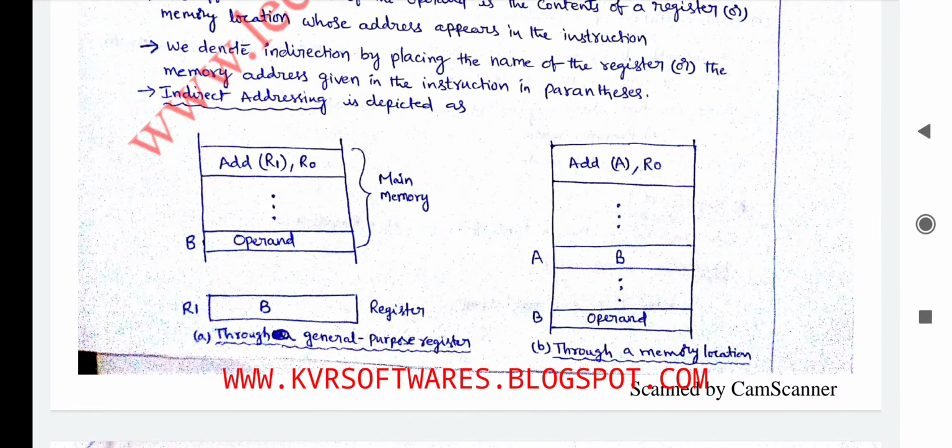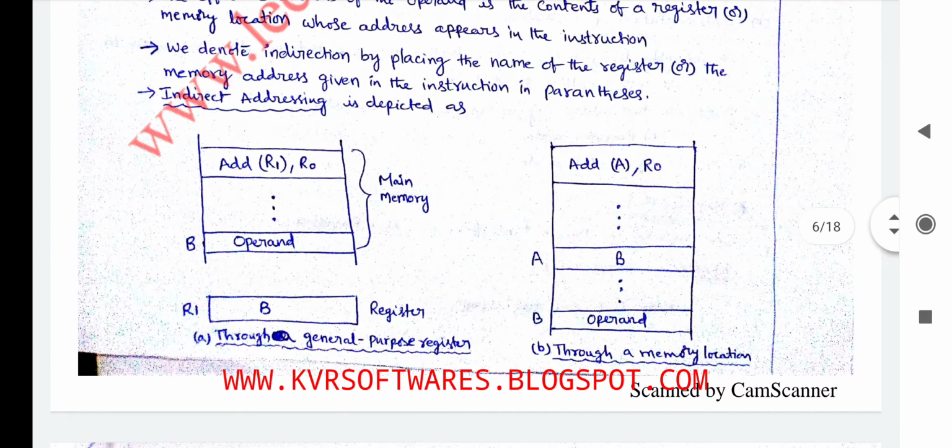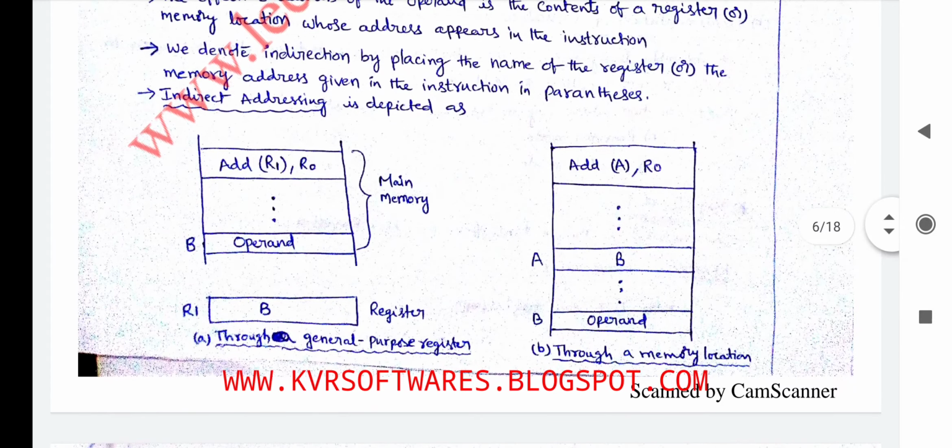B contains the operand. The bracket represents indirect. R1 contains B, the register which contains B. So we have to add the operand of R1 to R0, and both the contents are stored in registers.